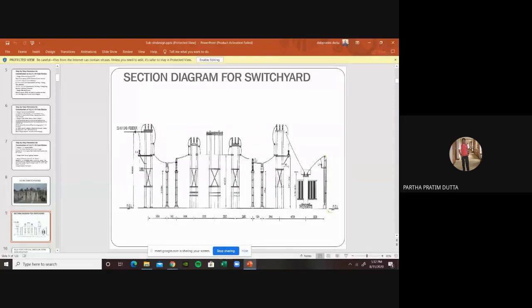And this part is for transformer protection, the VCB and CT, and then an isolator, and then directly through an LA, it is going to the HV part of the transformer. And then the LV side of the transformer is going through outgoing cable to the incoming side of the 11 kV switchgear.